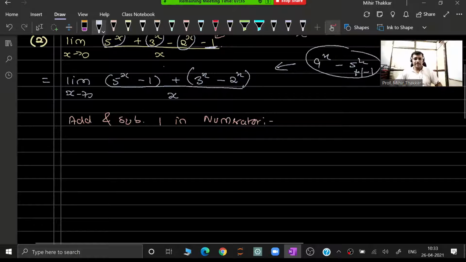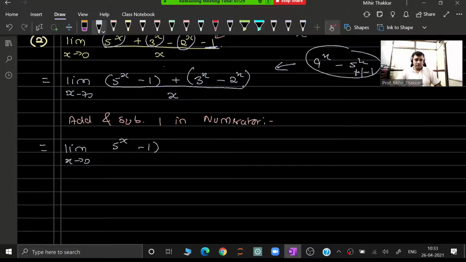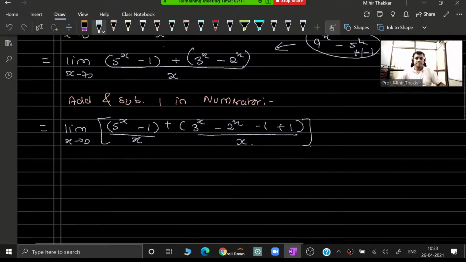So if you do that, it will become limit as x tends to 0, 5 raised to x minus 1 plus 3 raised to x minus 2 raised to x minus 1 and plus 1. Let me break this x for the two elements so that it becomes easy for me in order to apply the limit.